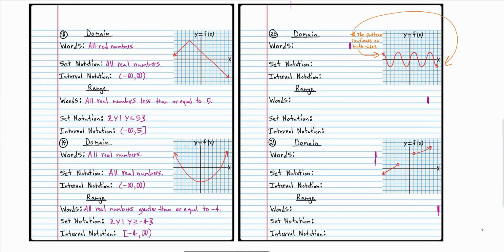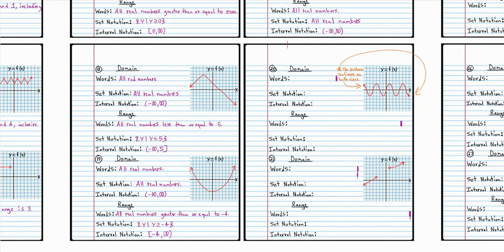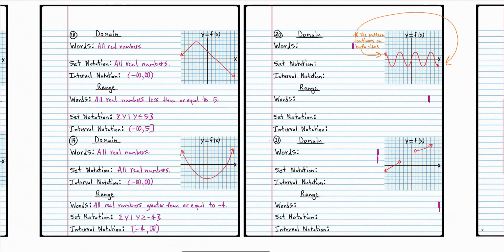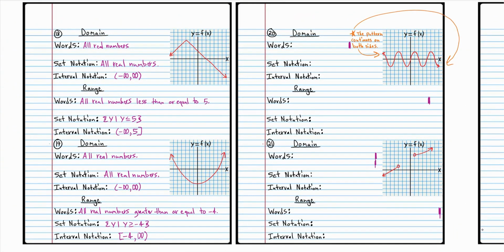Try number 20, and understand that this pattern is assumed to continue. The squiggly line just continues in the same general pathway. So try 20. When you come back, we'll do it together.